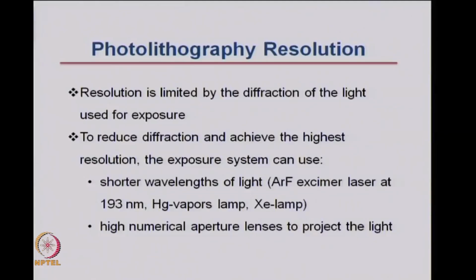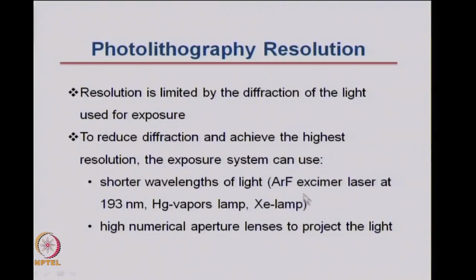Now, the resolution of such a photolithographic process is limited mainly by the diffraction of the light used for exposure. So, to reduce the diffraction and achieve the highest resolution, you can use shorter wavelengths as we discussed. You can use deep UV, extreme UV, and you can use different sources for them.